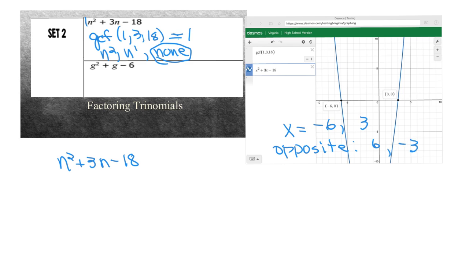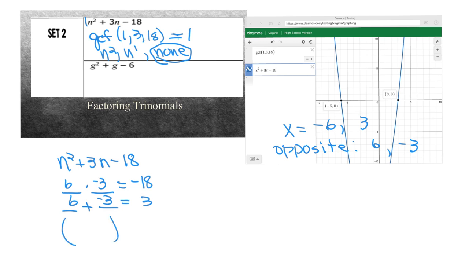So that tells me when I'm factoring and I'm looking for the two numbers that I multiply to give me -18, and I add to give me that second number 3, it is going to be 6 and -3. All right, and that does work.